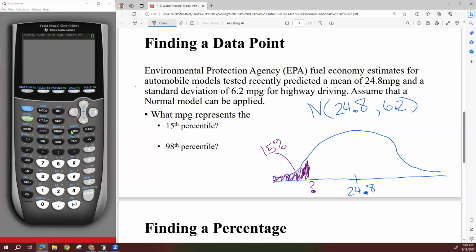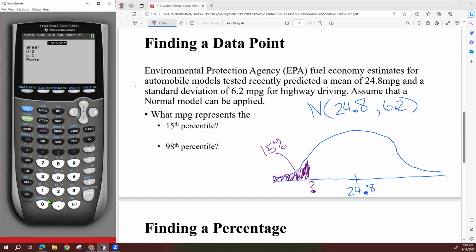And so I'm going to go to my distribution list. I'm going to hit second VARS. We have been using this normal CDF method. We're doing the opposite. One might say we're doing the inverse of the normal CDF we did before. So I would go down to number 3, inverse normal. Here we can tell the area under the curve that we want to know.